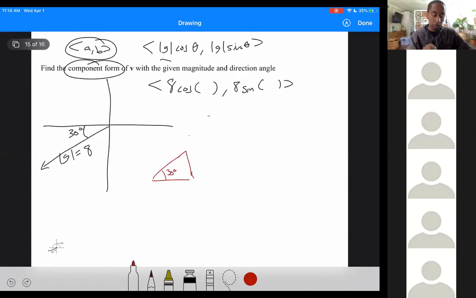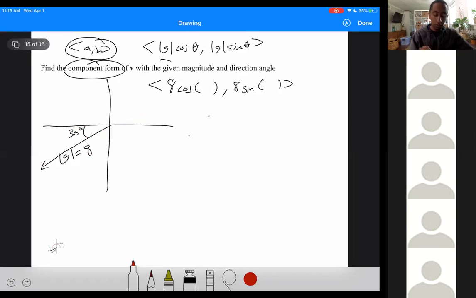But even though this is 30, the calculator has to be able to recognize that I'm actually going around past it, we're not just in this 30 right here, right? Because if you use that 30, you're always going to get positive values. Or if you use that 60, you're always going to get positive values. So it's important to know what quadrant you are in. That's kind of what I was talking about earlier. Because we're all the way over here, we can't just use this 30.